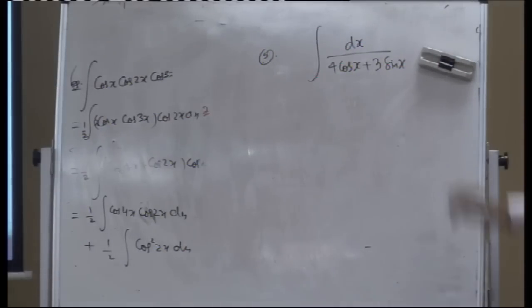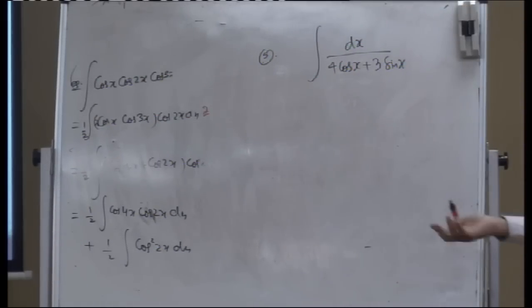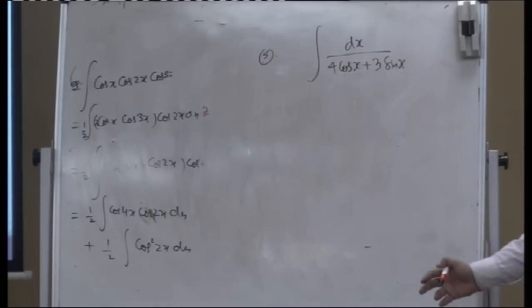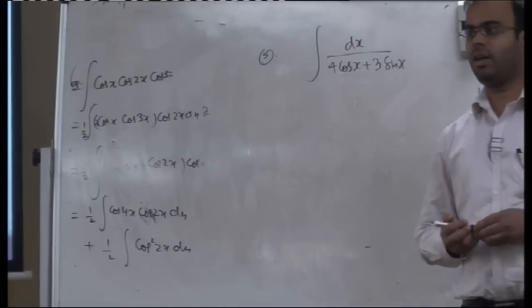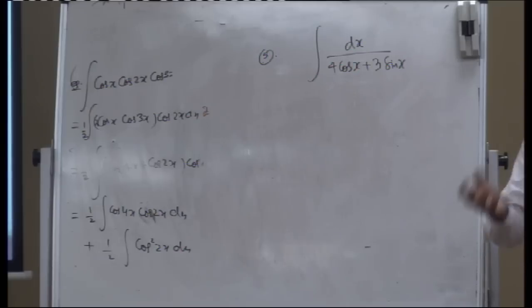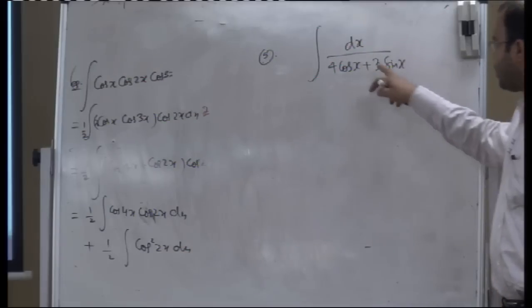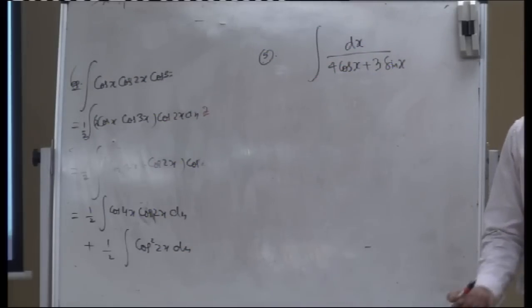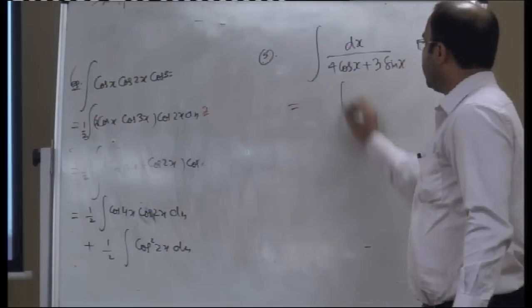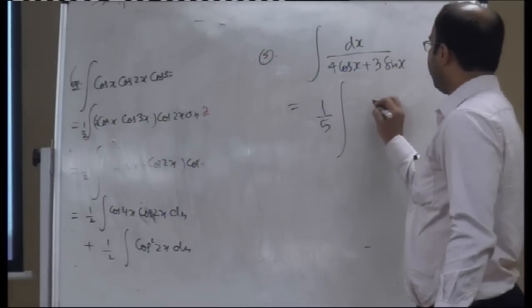Again here you have to go to the trigonometric part. In such questions, a cos theta plus b sin theta, what we used to do, divide and multiply by root over a square plus b square. So if you see, a square plus b square under root is actually 5. So next step you will multiply by 5 and divide by 5.